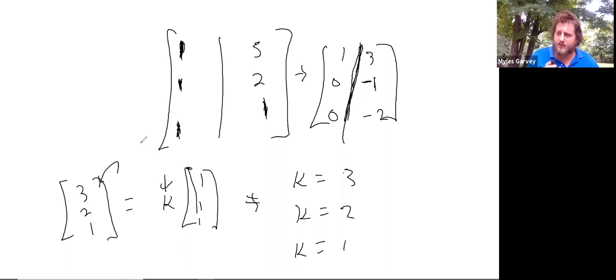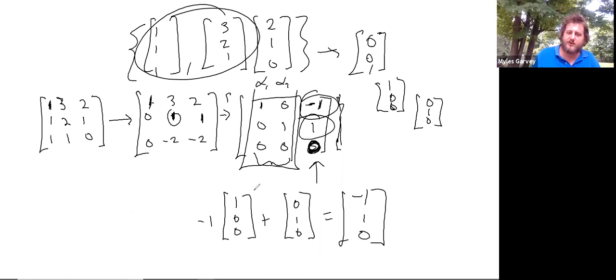So anyway, the theorem is, just to be clear, that whatever columns correspond to the columns I have reduced down to these vectors here, those are the ones that are going to be linearly independent.